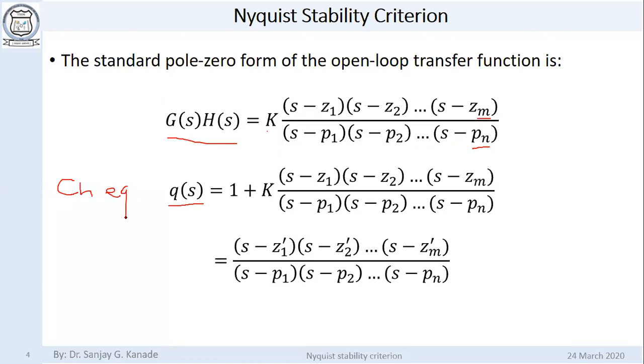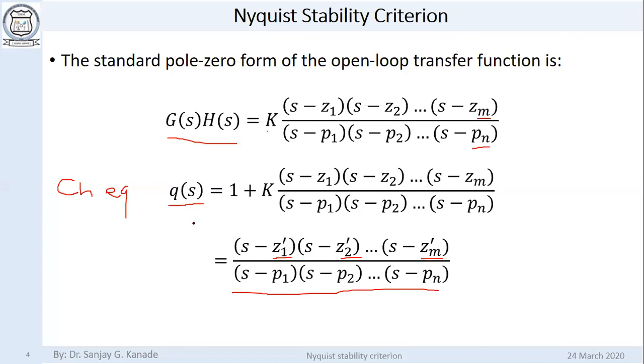To represent this in the same format, you equate the denominators, multiply this term to 1 and plus K into this term, and we again factorize. So the numerator factors will change. However, the number of the factors will be the same, and the denominator will remain the same, right?